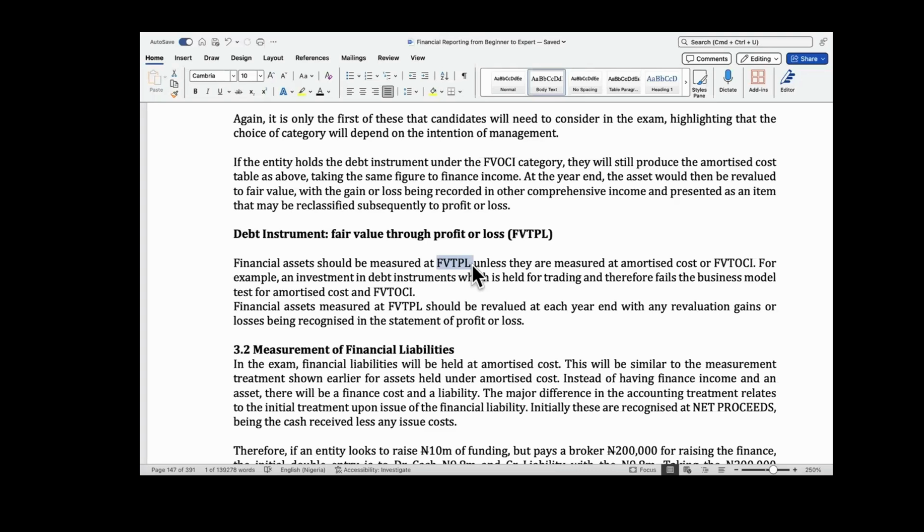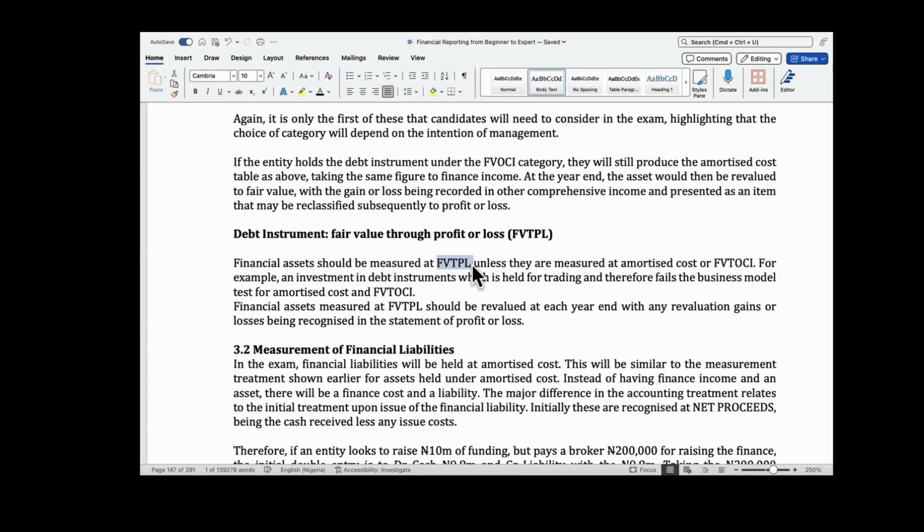We don't follow those bases I've mentioned, your business model and so on. For fair value through P&L, an entity can just decide at initial recognition that it wants to classify and measure its debt investment at fair value through P&L. That is allowed. You're free. So you can do that at initial recognition. So it's a default classification.